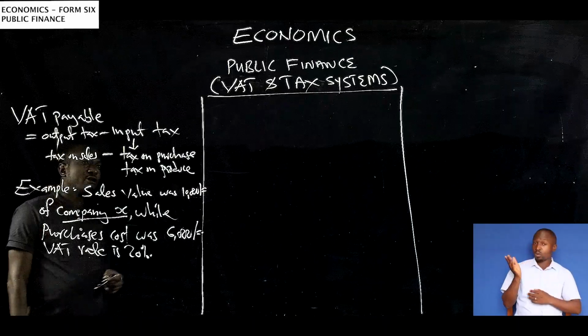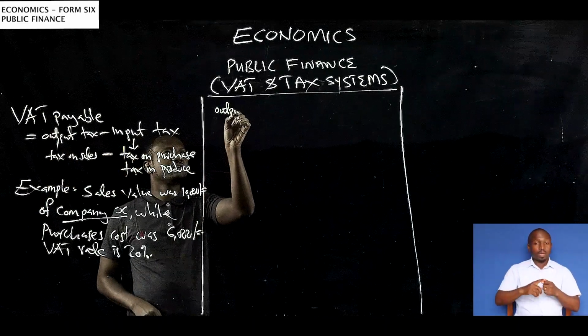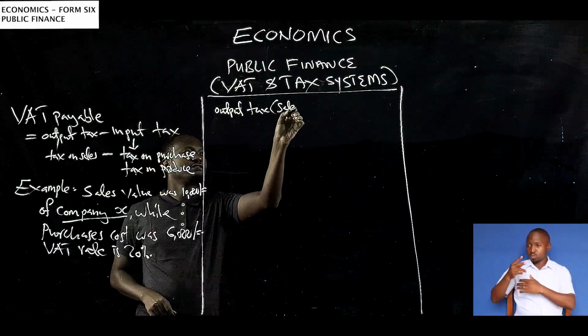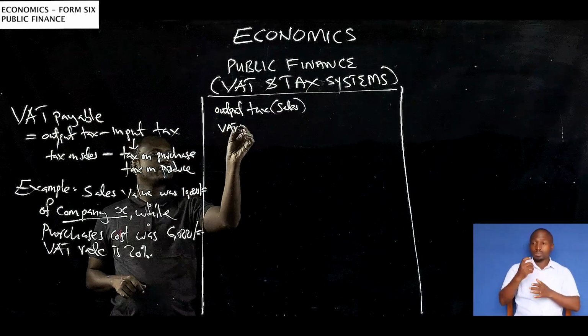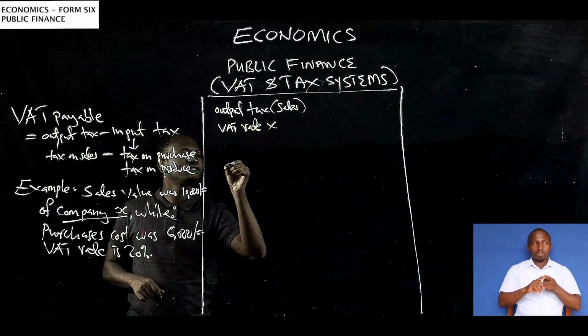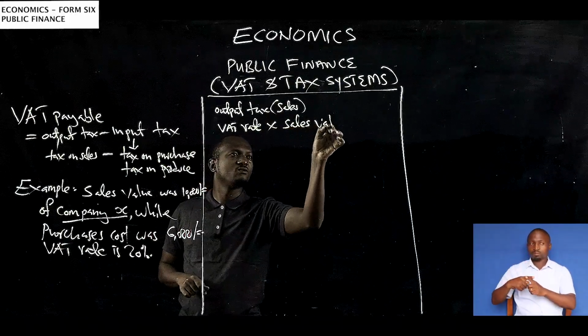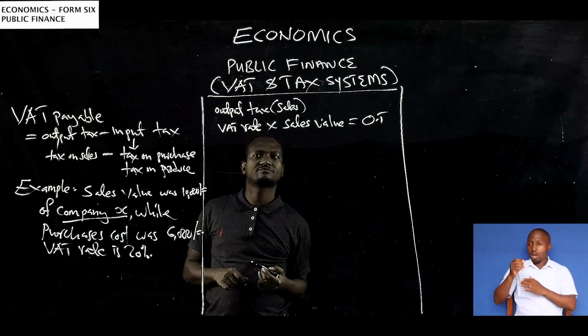For a question like this, first, you have to find the output tax. Output tax, we check on sales. So we take the VAT rate times the sales value, and we get the output tax.